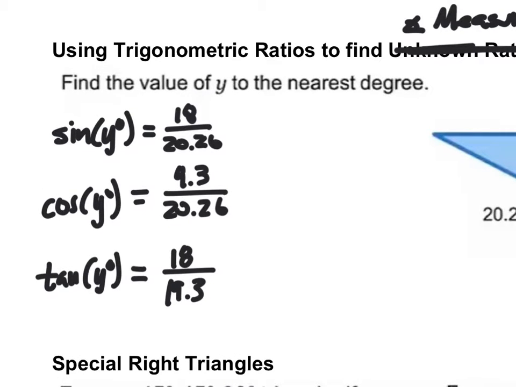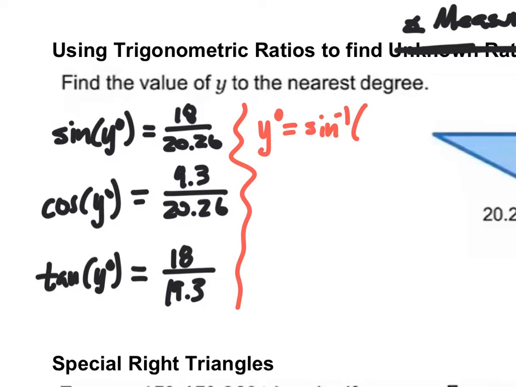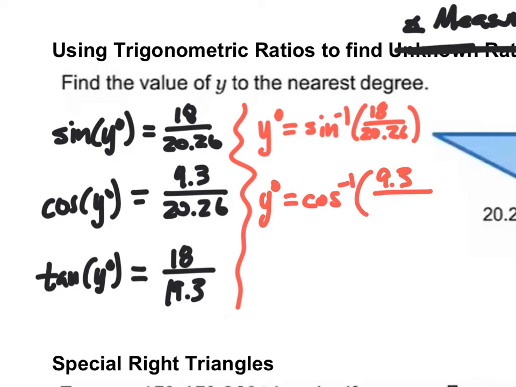To switch this up, I say that y degrees, my angle measure, is equal to sine inverse of 18 over 20.26. If I plug this part into my calculator, I will get my angle measure. I'm going to do all these separately. So I'm going to say y degrees is equal to cosine inverse of my ratio, which is 9.3 divided by 20.26.